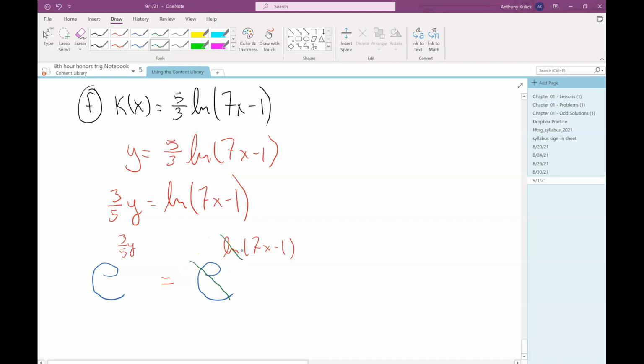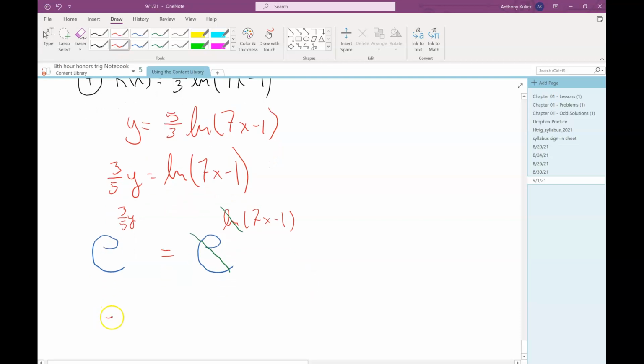So on the right-hand side, exponent base E cancels log base E. So I have e to the 3/5 y equals 7x minus 1. And then I add 1 and divide by 7.